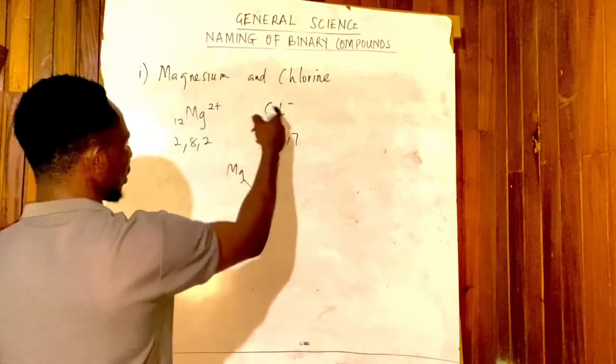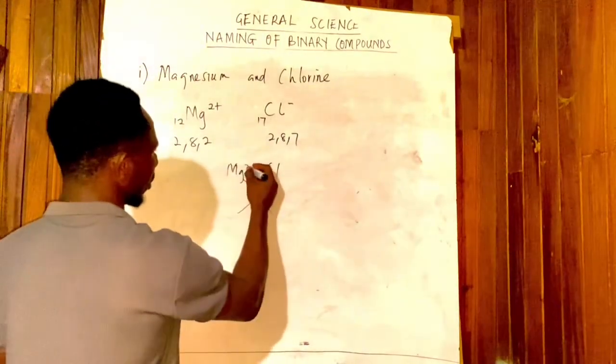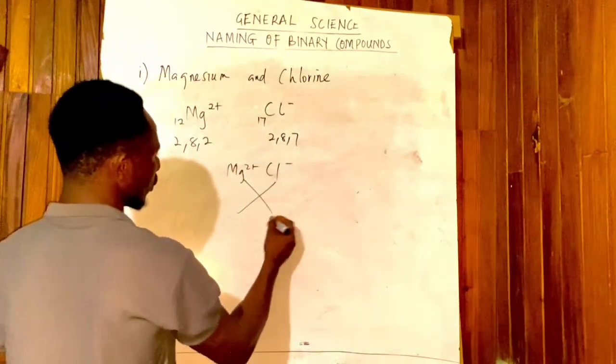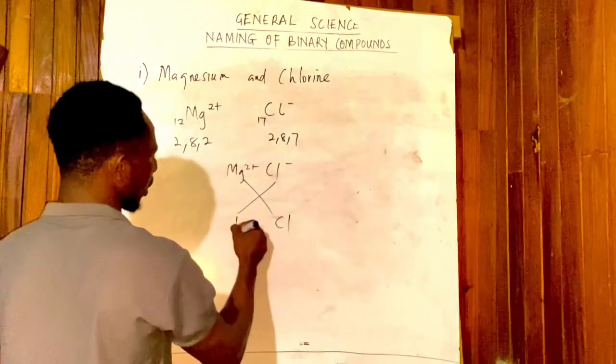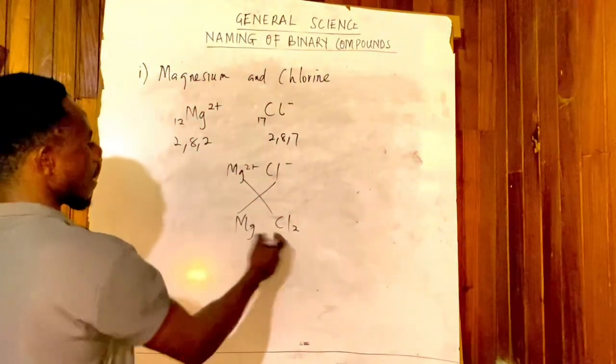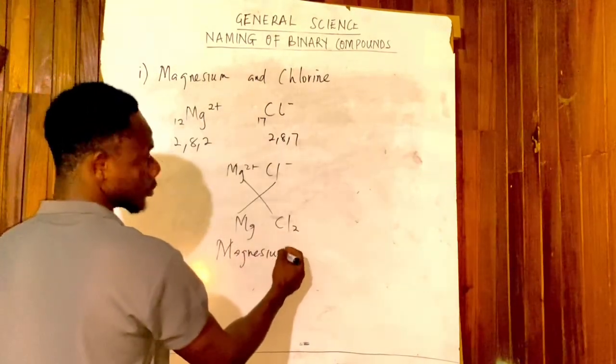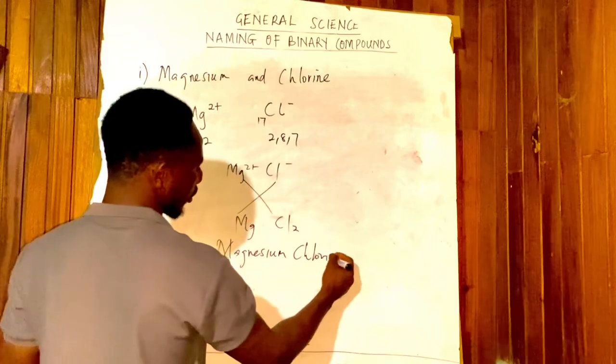So we are going to actually do what we call the exchange of valences. So magnesium here will be 2. So let me write it as chlorine and magnesium. So MgCl2. So this is magnesium chloride.